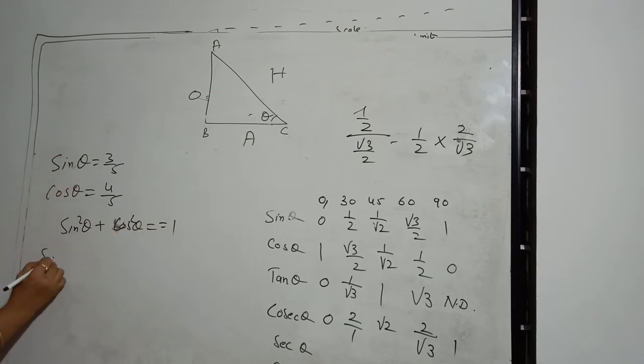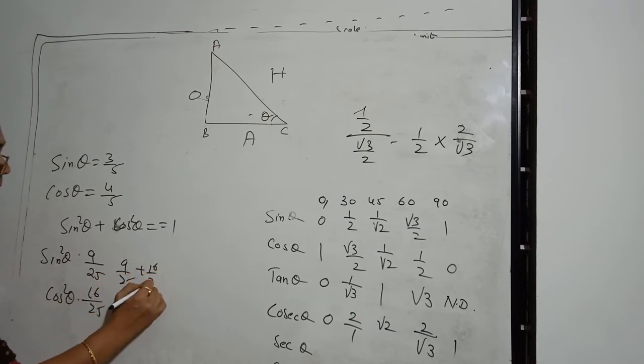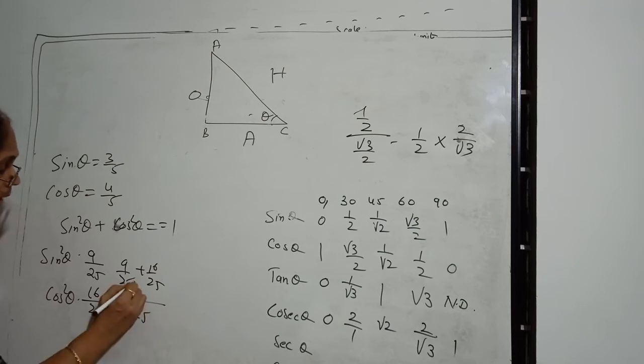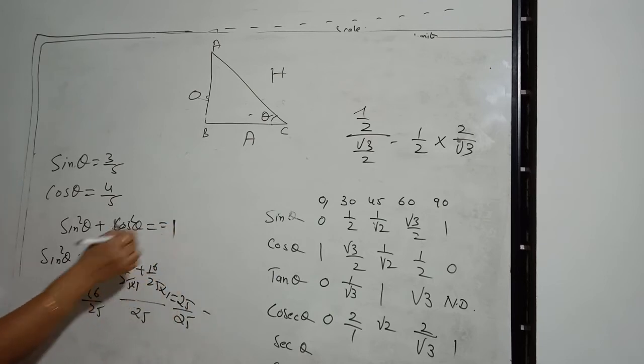Take sin square theta, which is 9 by 25. Cos square theta is 16 by 25. So 9 by 25 plus 16 by 25, with LCM 25, becomes 25 by 25. The answer is 1. Do not calculate, just write down the relation as 1.